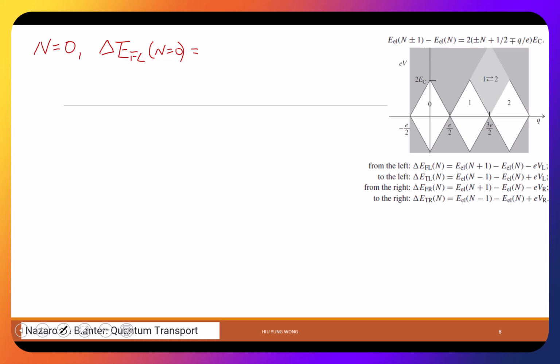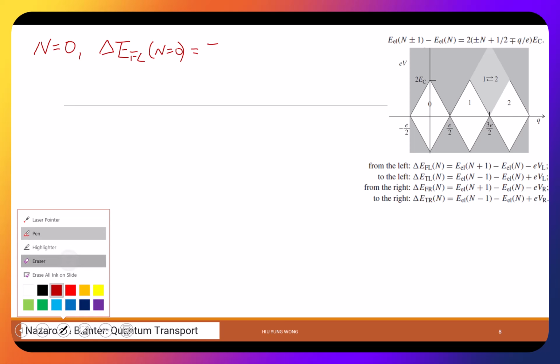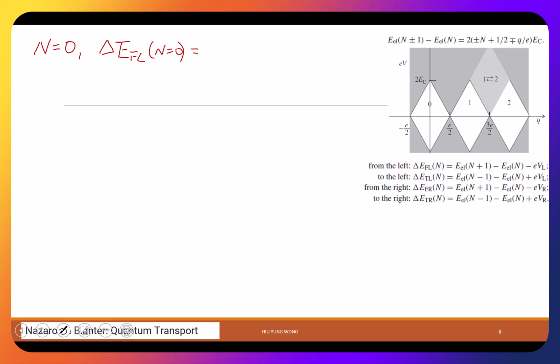So you plug in n equals 0. It is equal to 1 over 2, because n is 0, right? Should it be plus or minus when it is from left? From left means you get more electrons, right? So it should be n plus 1. So n plus 1, it turned out to be minus, okay? So it is 1/2 minus Q over e, times EC. Let me check if I'm correct.